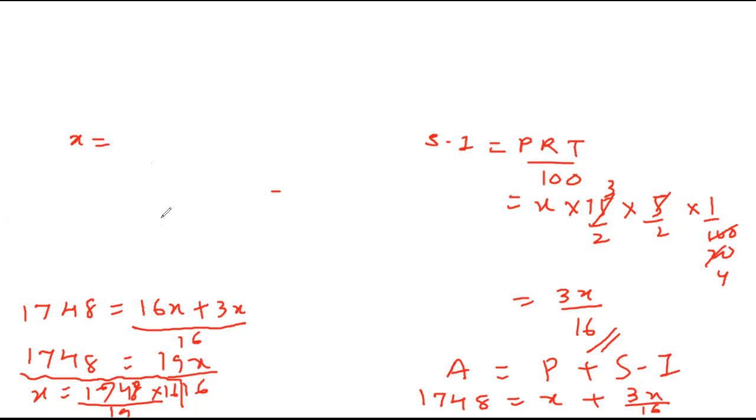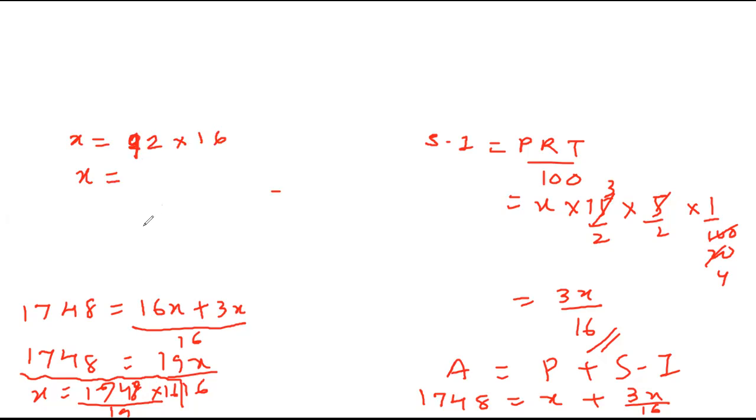Sir, 19 and 1748 are divisible. So 19 into 9 is 171, 92. Remainder 3, 2 into 16. So X equals 19 into 92.